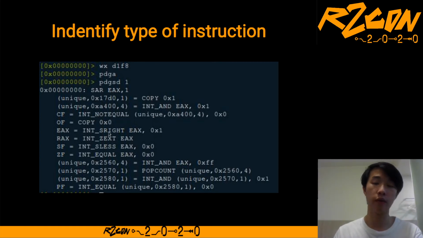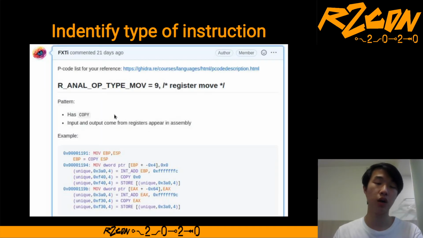To do this, we will need good knowledge of the instruction types. So I did an overview of the op types that radare2 supports, and by checking the various cases of the P-code generated from the original instruction, I summarized the patterns of each type.